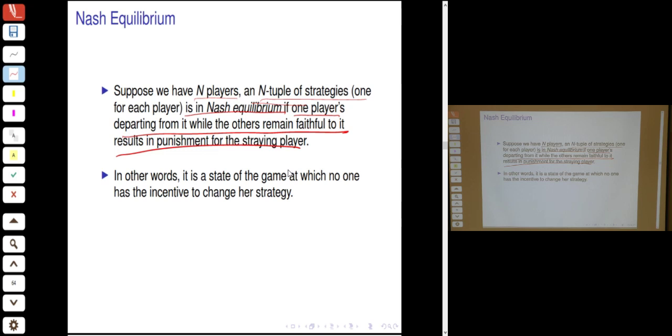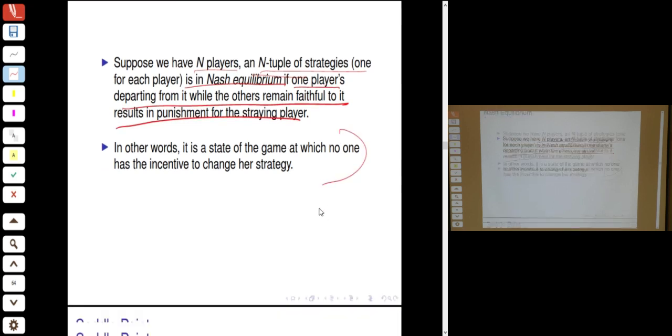This must be true for every player. If all the others stick to their original strategies, whereas the player in question tries to move away from the original strategy, then he must lose something. He must be punished. If that condition is satisfied, then that combination of strategies is called a Nash equilibrium. In other words, it's a state of the game in which no one has the incentive to change her strategy.